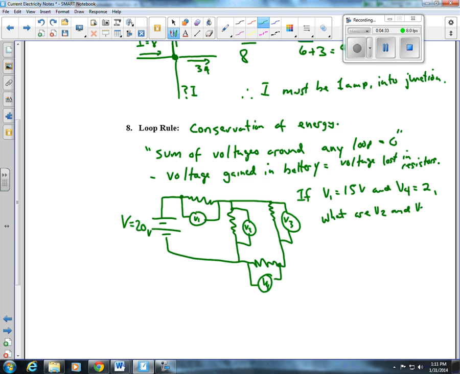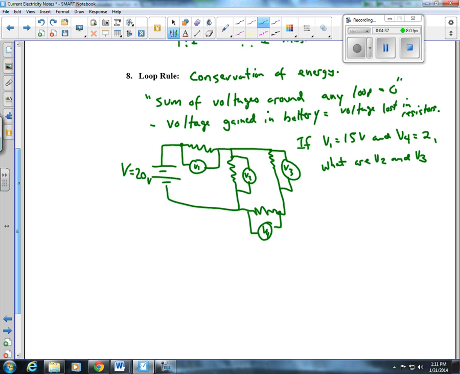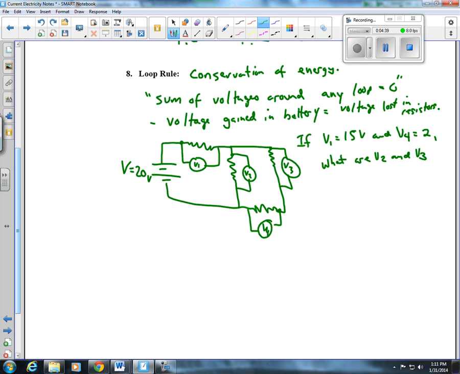and V3? So this says any loop, the voltage gain in the battery is going to be lost in the resistors. So I can do a couple different loops, but I'm going to start out by looking at the leftmost loop. Okay, so I'm going to go around here like this. And that'll give me back to the battery.